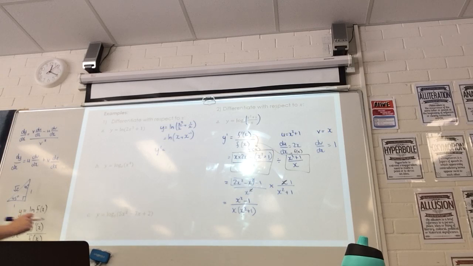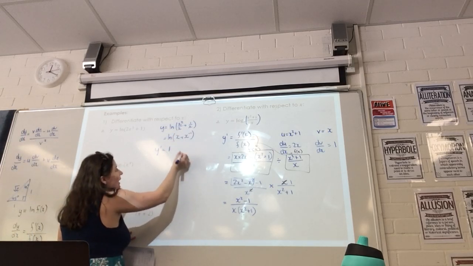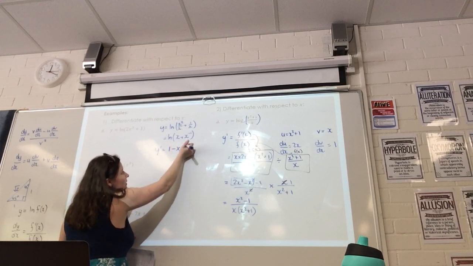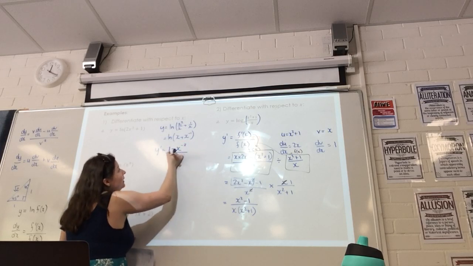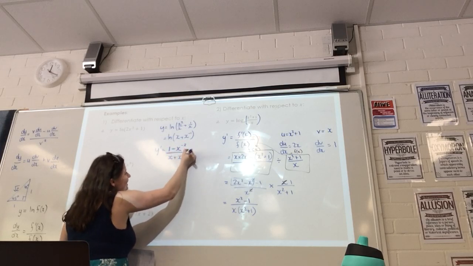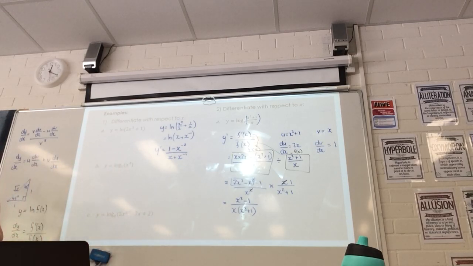So I differentiate what's inside here. That's 1 minus x to the power of negative 2 over x plus, I guess I still have to do a bit of work on it. This looks pretty bad. Let's maybe leave it like that.